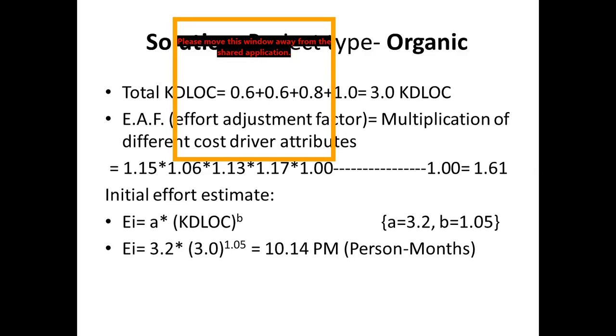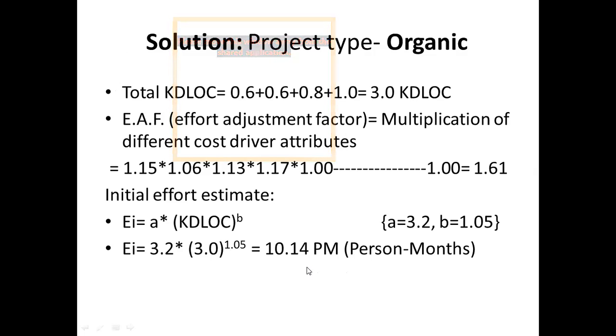Calculate this with the calculator: 3.2 into 3 to the power 1.05. Then it will come 10.14 PM, meaning person month. This is the unit of initial effort or the final effort. The unit for the duration is only the month.